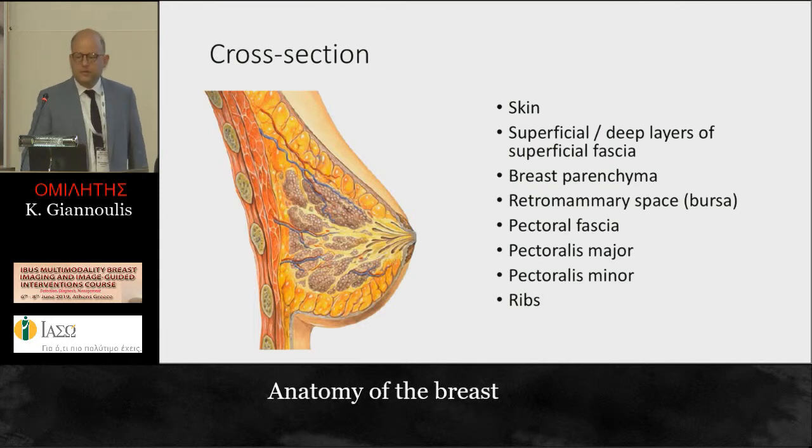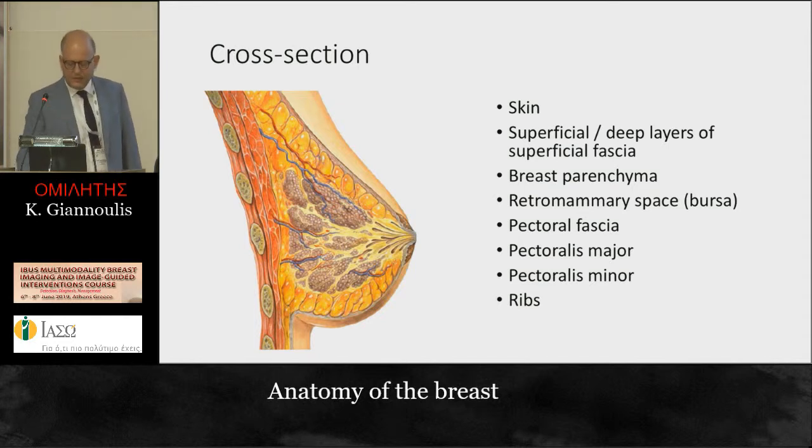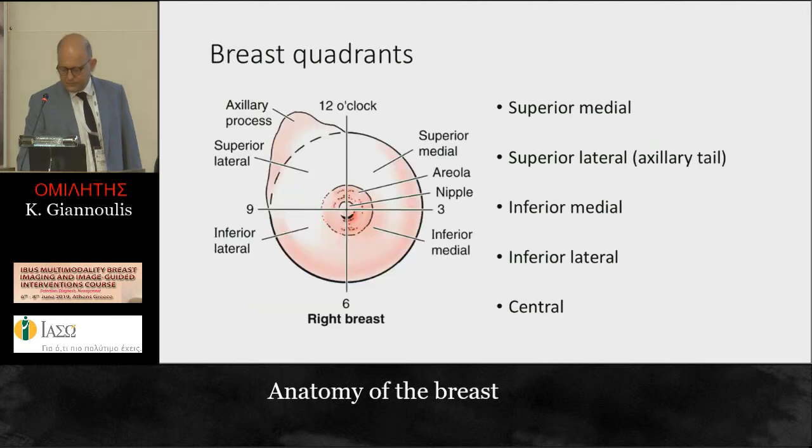On a cross-section, we can see the skin, the superficial layer of the superficial fascia, breast parenchyma, the retromammary space, which is important for the plastic surgeons, the pectoral fascia, pectoralis major, pectoralis minor, and the ribs.